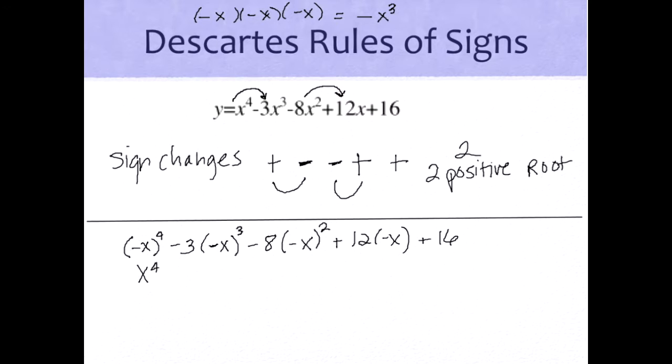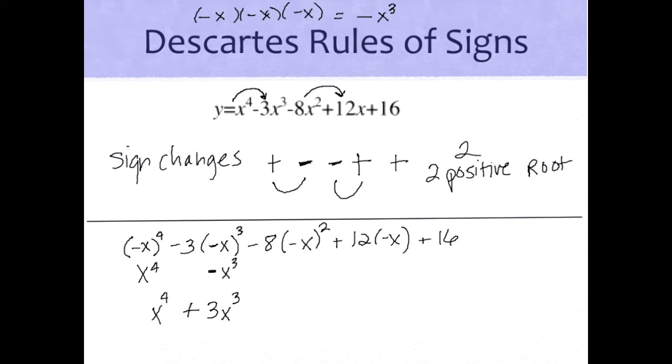So that means that we have a negative 3 times a negative x to the third. Well, that negative 3 and that negative x to the third cancel out and become positive 3x to the third. So I have x to the fourth plus 3x to the third.